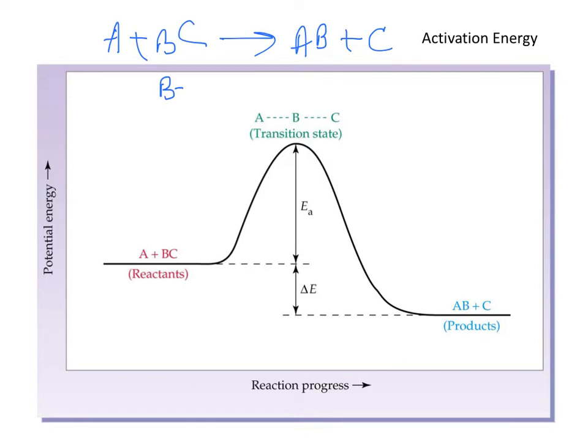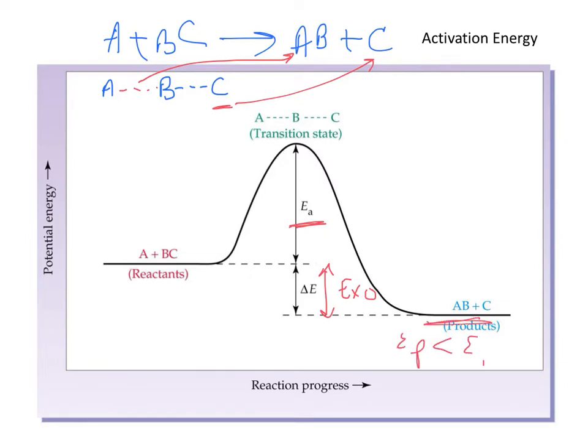Essentially, the bond between B and C has to break, and the bond between A and B has to be made and finalized, and only then AB will be formed and C will be liberated, right? And all this does require some energy, and the amount of energy that is required, we say that that's the activation energy. In this case, again, we call this an exothermic reaction because the energy of the products is less than energy of the reactants.